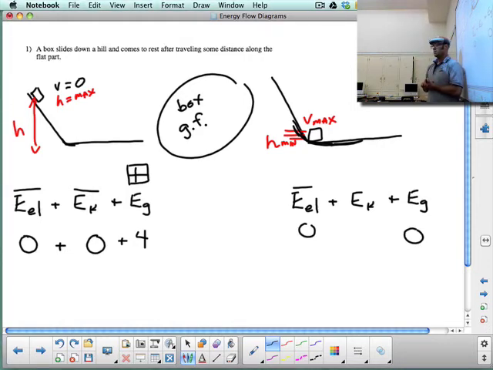Good. So what I'm saying is whatever your lowest height is, why not call that your 0 energy? You're not calling it 0 gravity field. You're just calling it 0 energy. You guys dig? They're not the same thing. So you don't have to worry about the fact that the Earth's still pulling or there's still gravity field. Who cares? We're saying it's 0 energy relative to where we started.